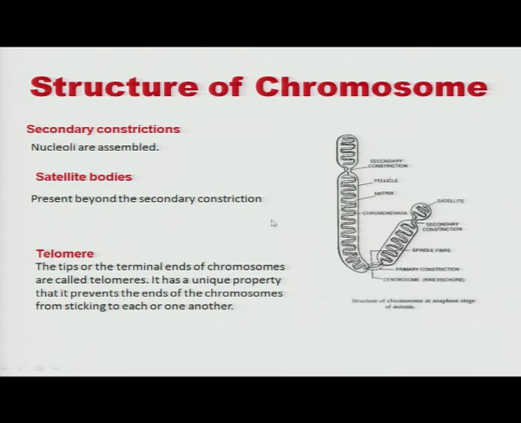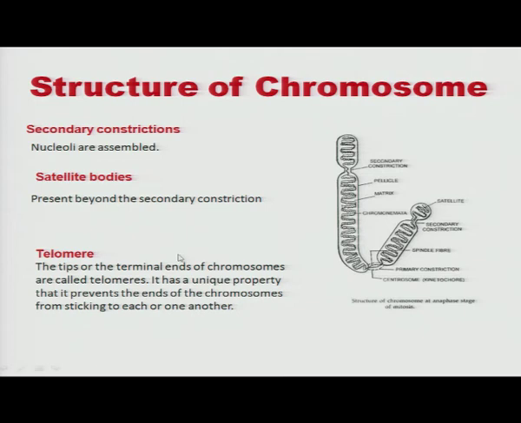Beyond these secondary constrictions, some fragments are there which are called satellite bodies, and at the tip of these chromosomes telomeres are present, which have a unique property that they prevent the ends of the chromosomes from sticking to one another. So, these are the different parts of the chromosome.